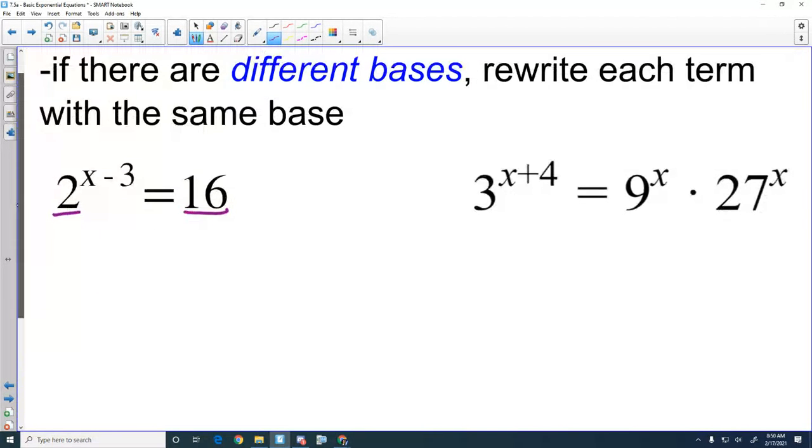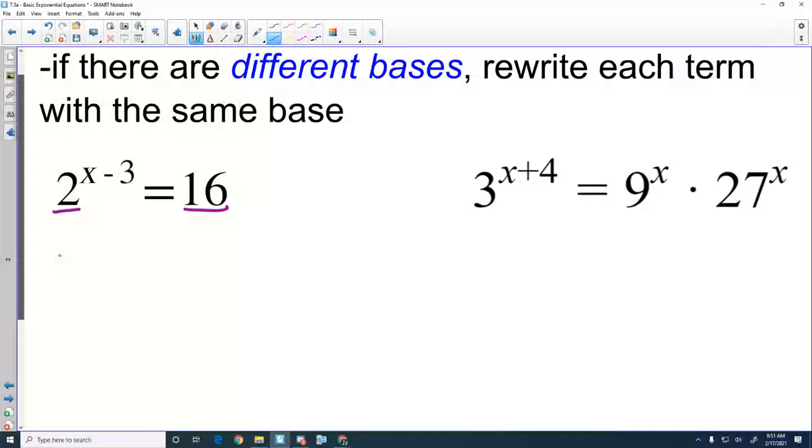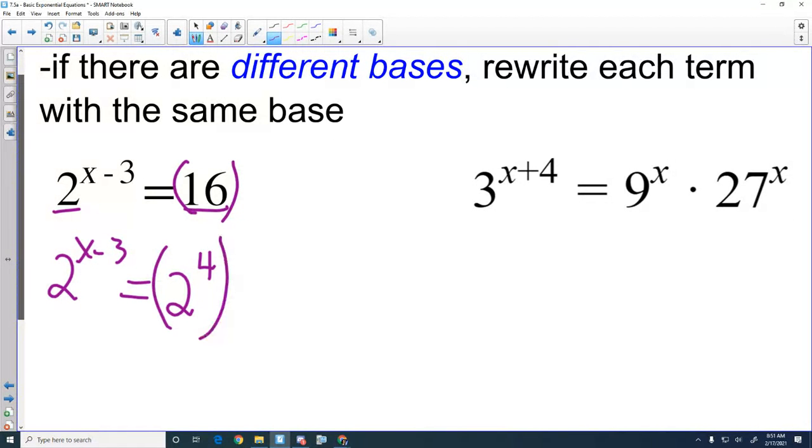So check it out. I'm allowed to just rewrite this as 2 to the x minus 3 equals 2 to the 4th. Because isn't 16 the exact same thing as 2 to the 4th? That's not changing the value of it. It's still the exact same thing.